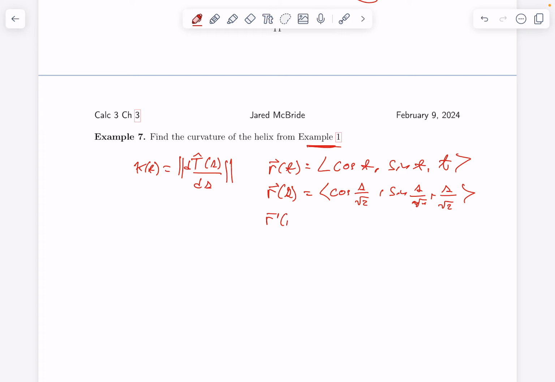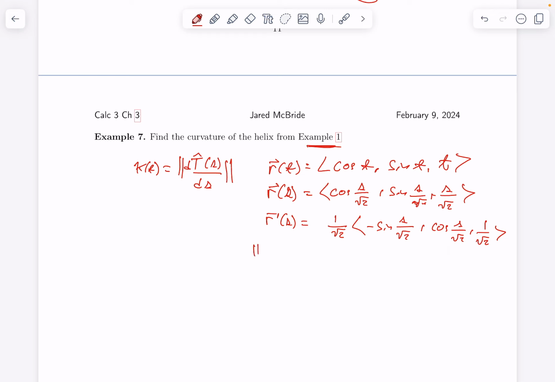R prime of s, the derivative with respect to s, is going to equal 1 over radical 2 times all this stuff here, except this is going to be minus sine s over radical 2, cosine s over radical 2, and then 1 over radical 2.